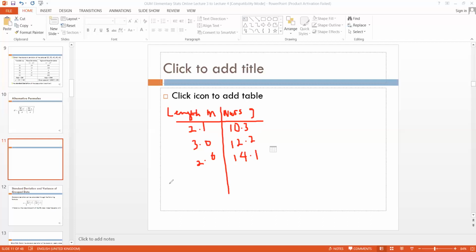In the question I asked you to compare the variation in the data. Now, the clue here is you cannot compare variation in length with variation in mass.